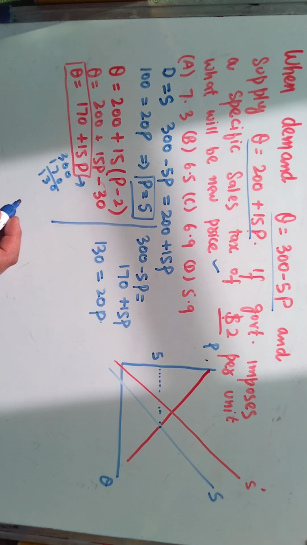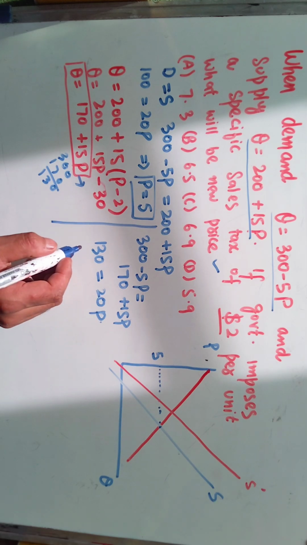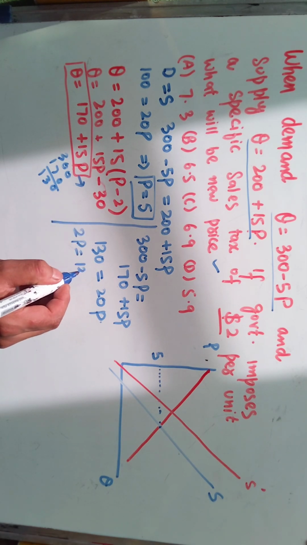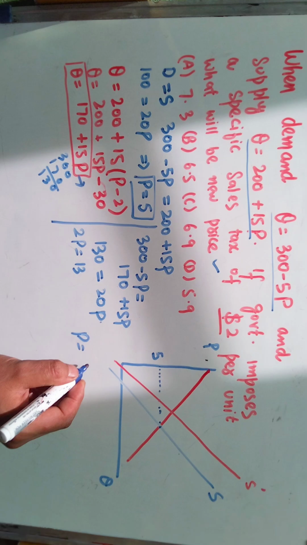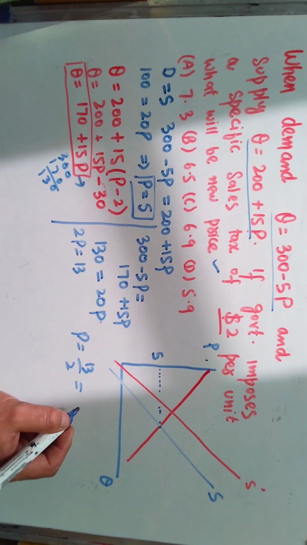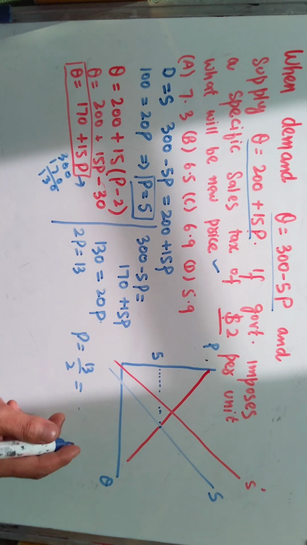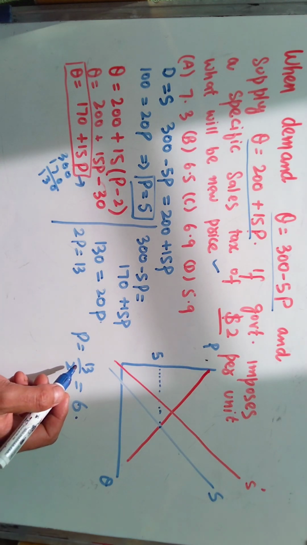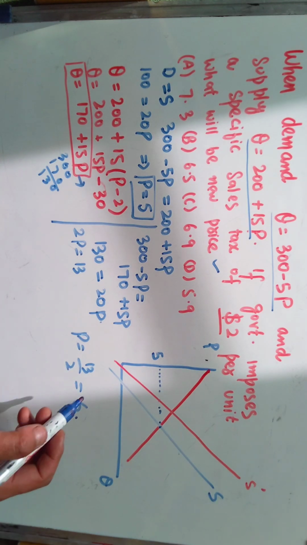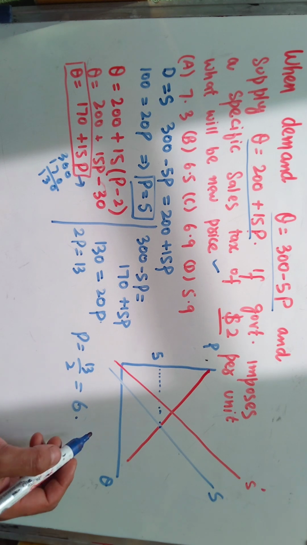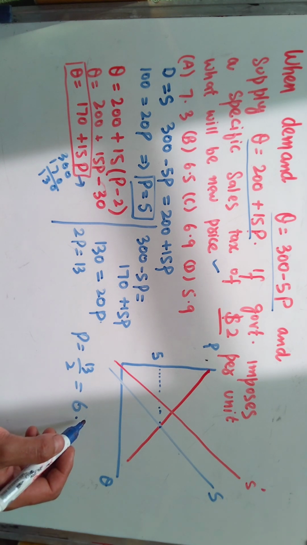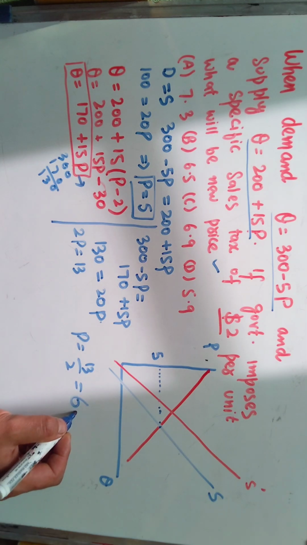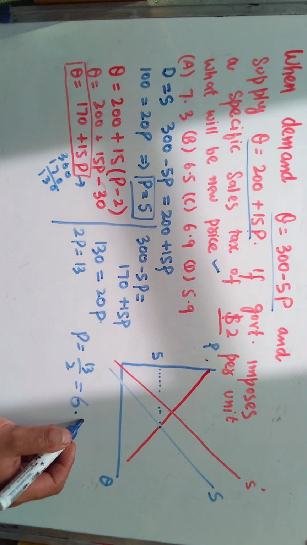Dividing both sides by 10 first, 2P is equal to 13, or the price will be equal to 13 upon 2. 2 6s are 12, then we have 2 5s are 10.